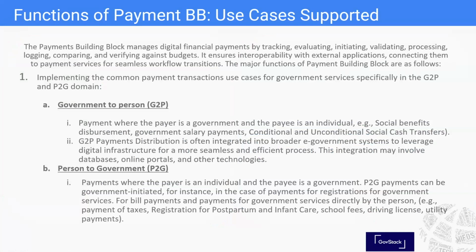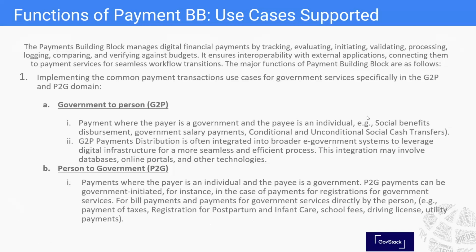Now, coming to the functionalities that were required from the payment building block, currently we have focused on two major use cases. One is the government to person use case, and the other one is person to government. So for government to person use case, as we'll be talking later as well, we have multiple services that have been designed, and they together enable different scenarios to be implemented.